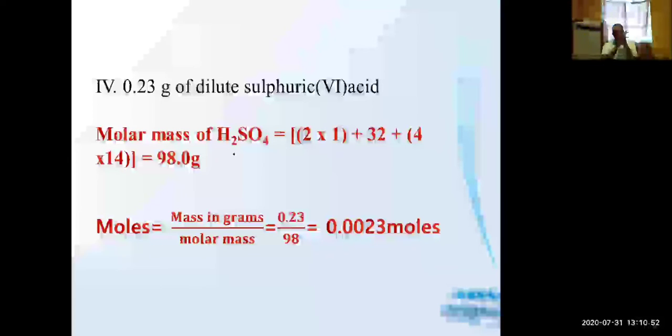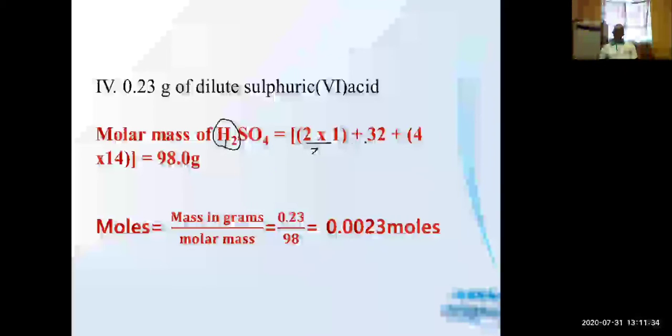You can calculate it from the compound, using the relative atomic mass of hydrogen, 2 times 1, which gives 2.